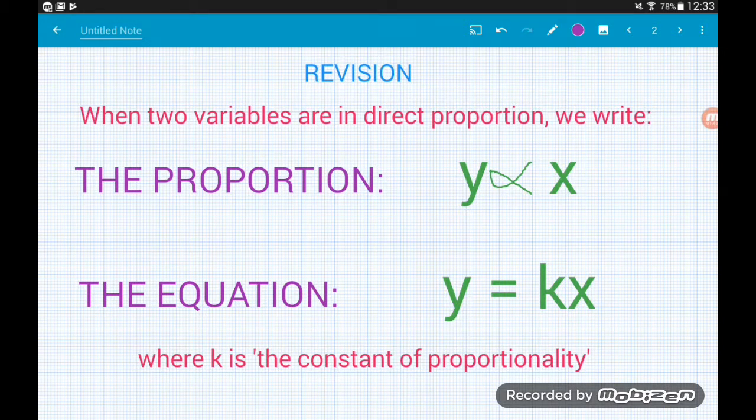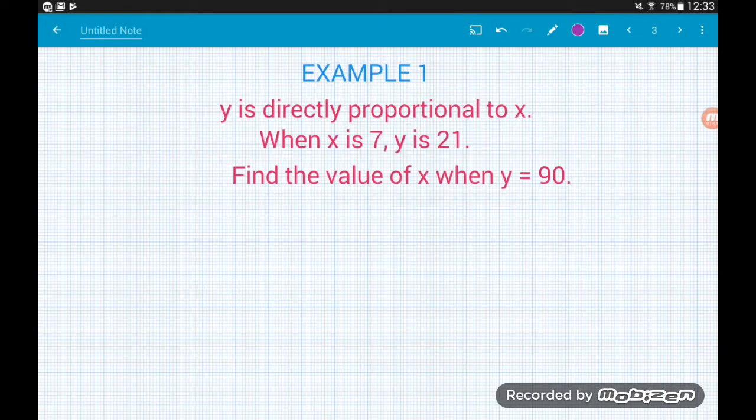Okay, let's get cracking. So to kick us off, we've just got a purely algebraic example here before we attack the word problems. So we've got y is directly proportional to x. That's cool. So we start off with how they're related. Then we're told when x is 7, y is 21.